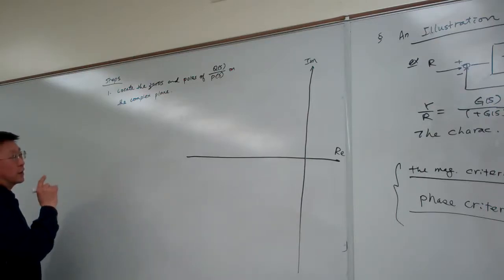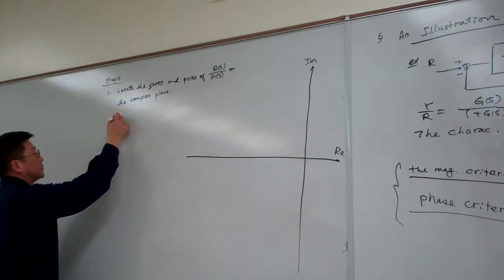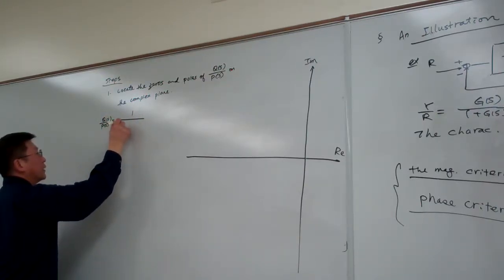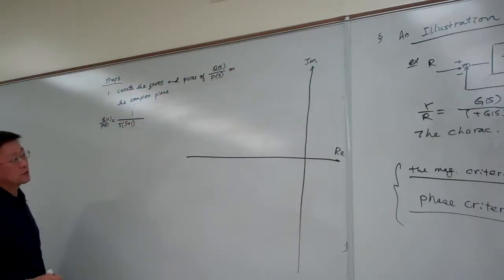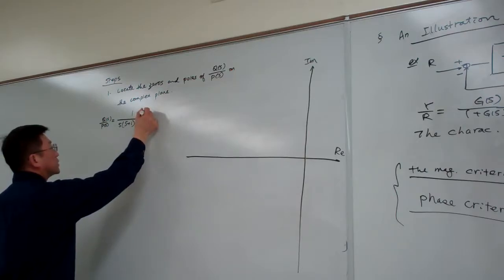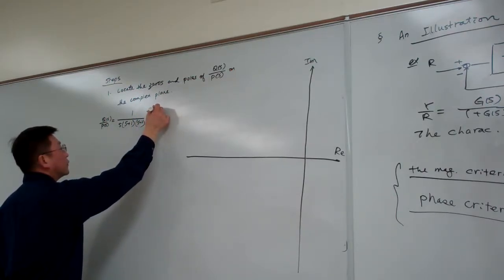Okay, so for this example, the G(s)H(s) is given by 1 over s(s plus 1)(s plus 2). So for this case, we have no zeros.